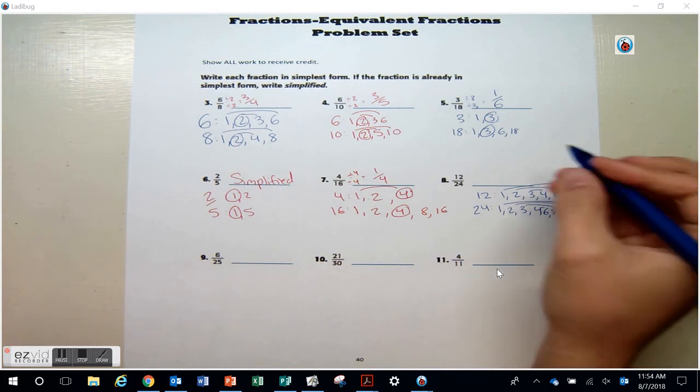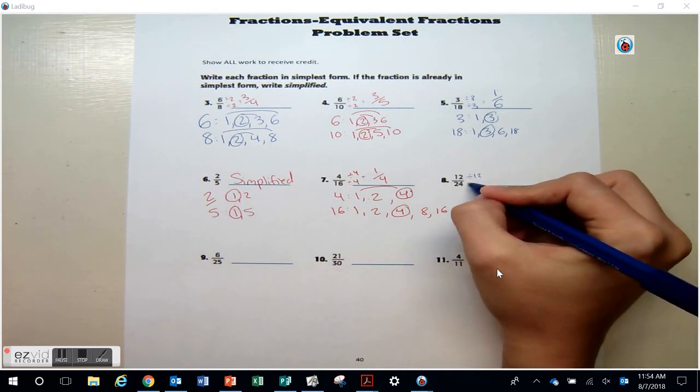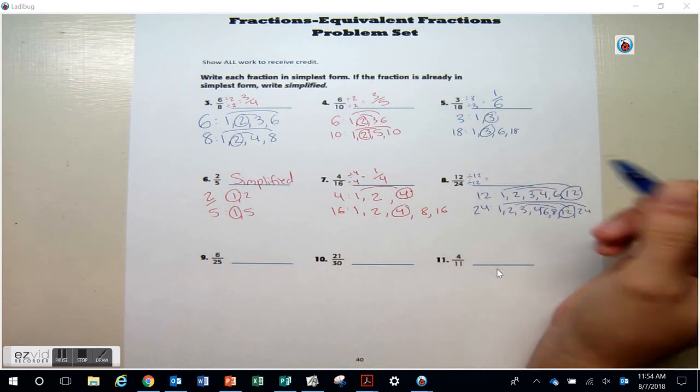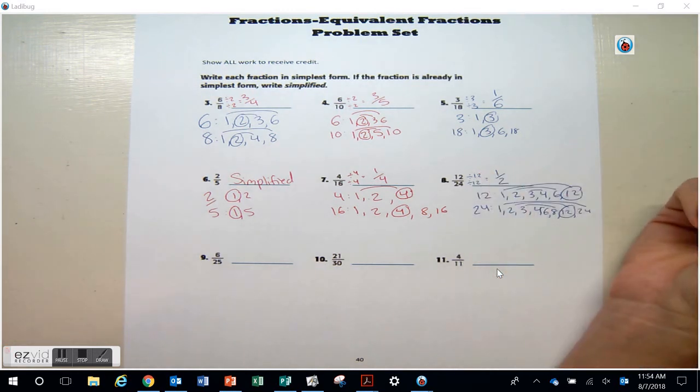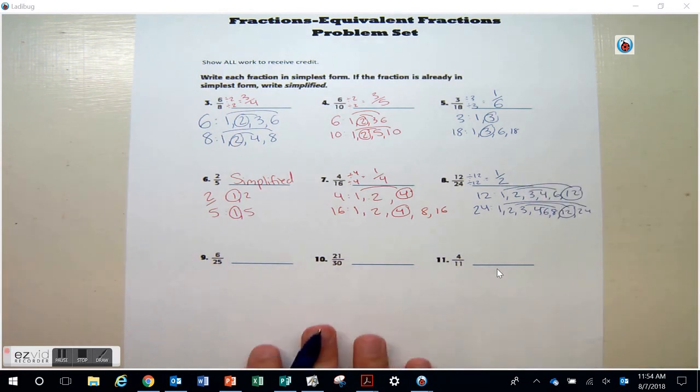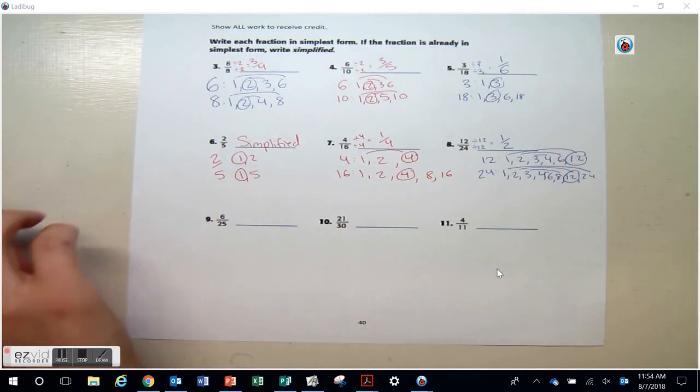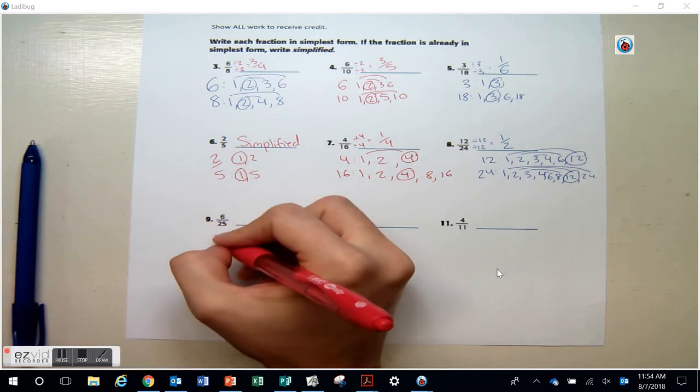The greatest common factor here is 12. We can divide by 12 on top and bottom, making it so we have an equal fraction, which we get 1/2. 1 and 2 can't be further divided by a number other than 1.